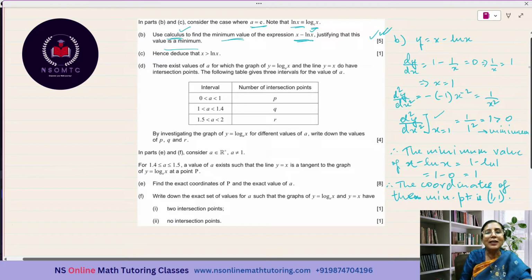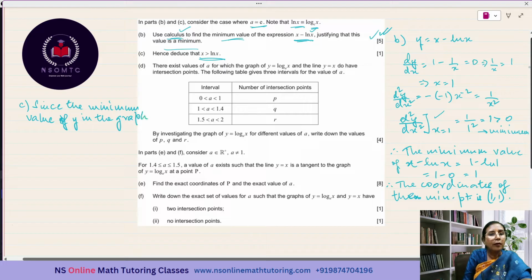Subpart C. Hence deduce that x is greater than ln of x. Okay, so let me write the subpart C's answer over here. x is greater than ln of x, since the minimum value of y in the graph of x minus ln of x is 1.